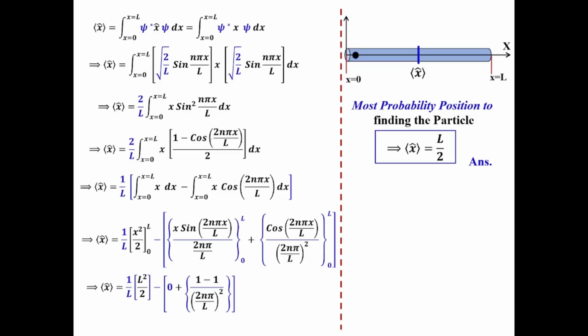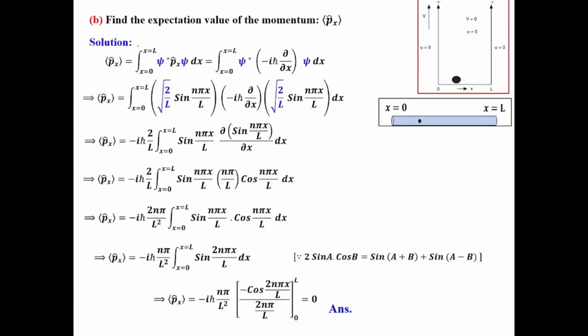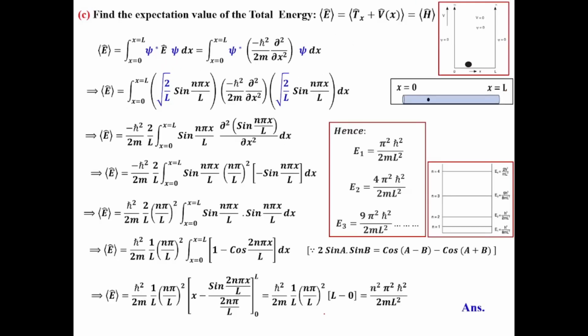We found the expectation value is L by 2, the most probable position of the particle, at the middle of the length of this rod. Then we calculated the expectation value of the momentum, and we found the value is 0. Then we calculated the expectation value of total energy, and we found n square pi square h cross square by 2m L square. We discussed this in detail in our last two classes.